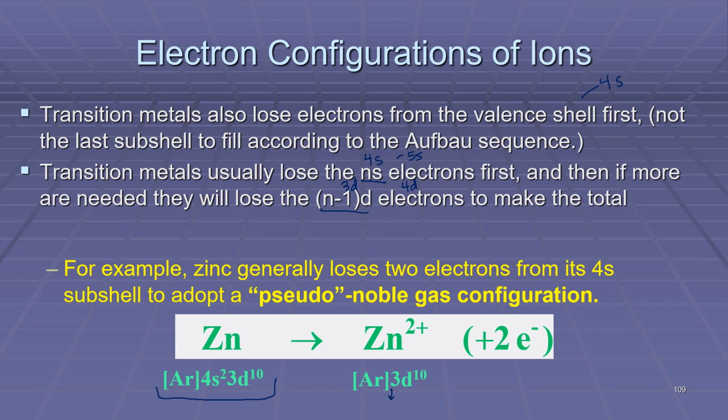So this is the configuration for the zinc ion. It's pseudo-noble gas. It would rather keep the d electrons stable, so it'll lose the s electrons first. Remember when we talked about the energy levels, the 4s and the 3d are awfully close to each other, and so it just happens to be more energetically favorable for it to lose the 4s electrons first.